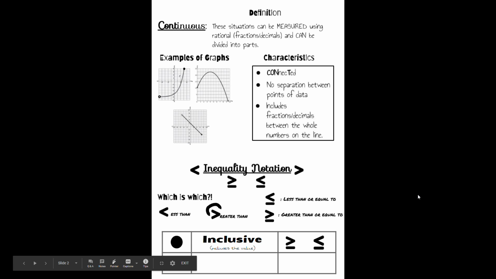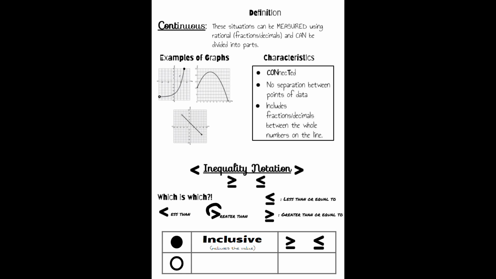As long as you're reading your domain from left to right and your range from bottom to top, you'll actually only have to use one of these symbols because it gets a little confusing. And I'll highlight that in just a bit. Let's move on to our other symbols. So either we have a solid dot or we have an open circle.